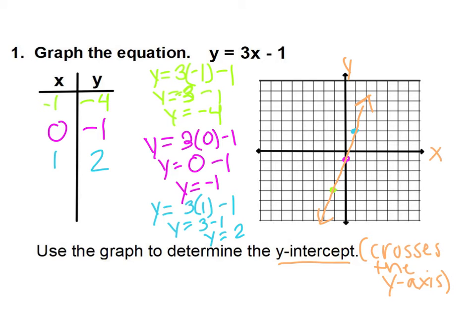So this line is crossing the y-axis right here at that pink dot, which is -1. And you could also use this table to tell you that. If x is 0, that means it's crossing the y-axis at that number, the value of y if x is 0.